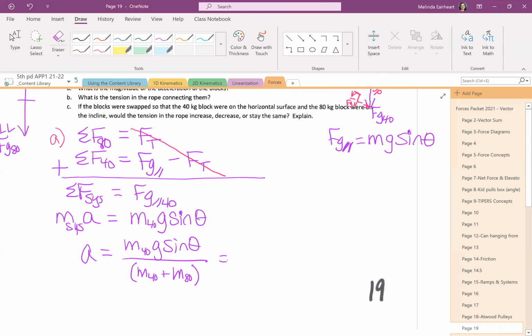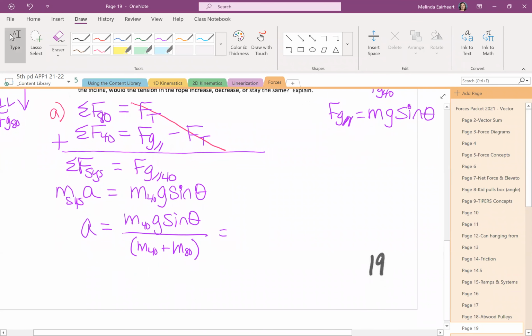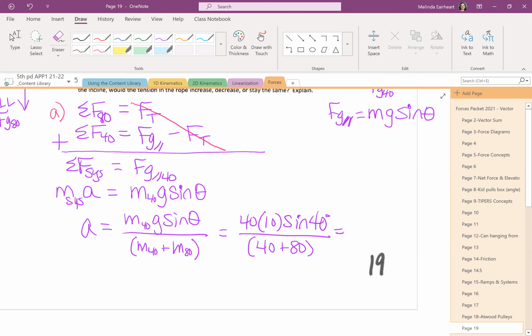Nothing cancels here. And so notice it's just 40 times 10, and then our angle is also 40 degrees. I don't want you thinking I'm plugging in the mass twice. And then the sum of our masses. And so work it out. .14. Okay.